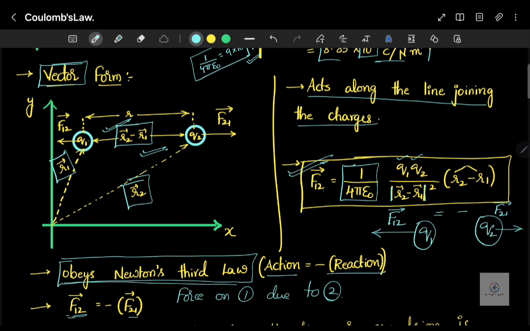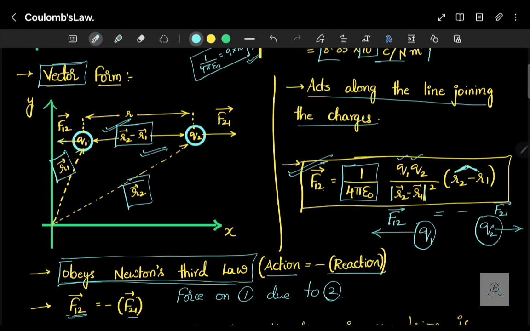Okay. And as it is in vector form, that too along this particular direction, we have to take the unit vector along the same direction. So what is that F12? It is equal to 1 by 4 pi epsilon naught Q1 Q2 by modulus of R2 vector minus R1 vector whole square into R2 minus R1 whole cap. This cap represents, it is a unit vector.